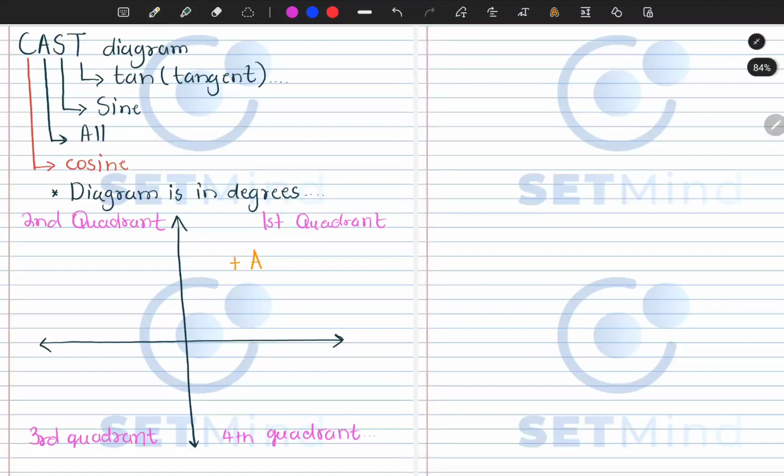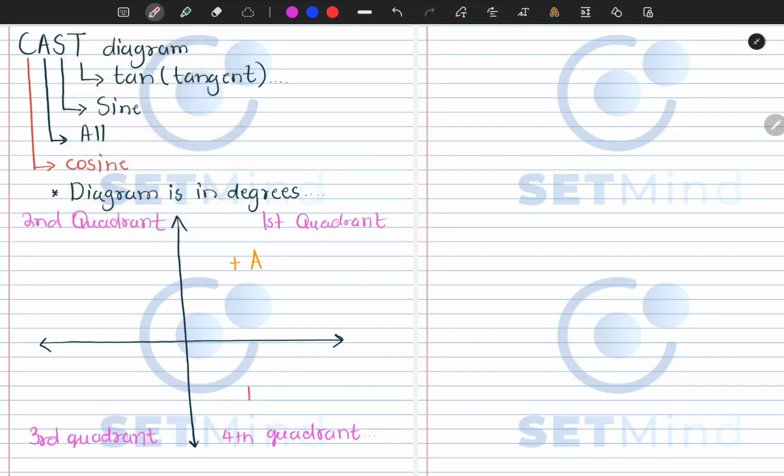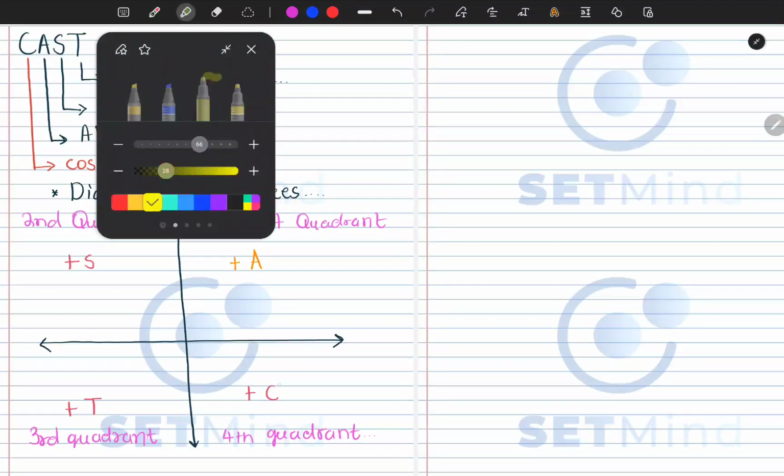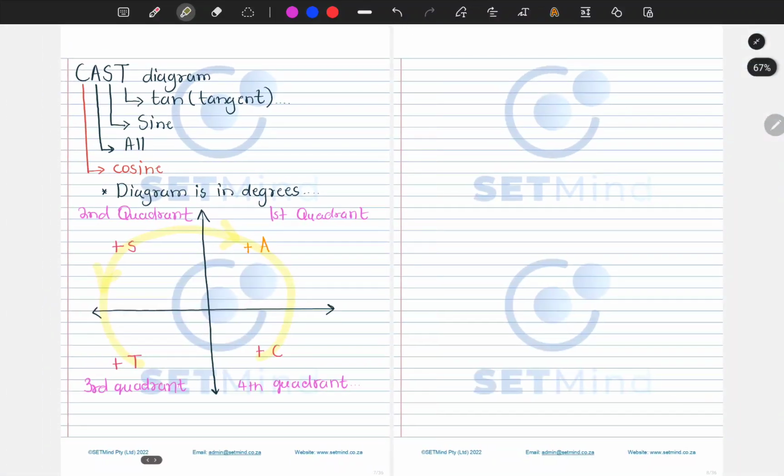On the fourth quadrant, only cos is positive. On the second quadrant, only sine is positive. And on the third quadrant, only tan is positive. That is how we end up getting our CAST diagram. It just tells us what is positive in which quadrant.